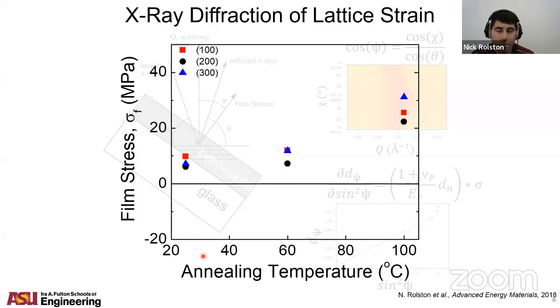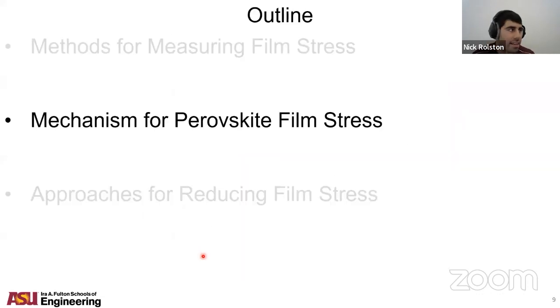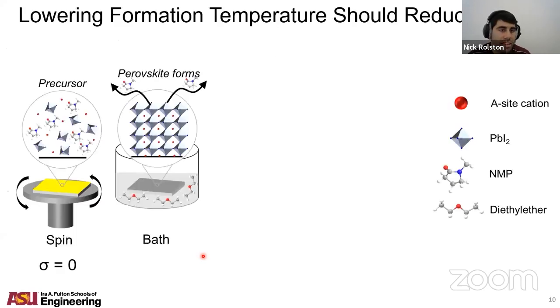So now I'd like to continue to focus on the fact that we've identified this thermal mechanism for film stress, and how we can mitigate this using different approaches. The first was the idea that the formation temperature is what's critical. The fact that the perovskite attaches to the substrate and is constrained at the high temperature.